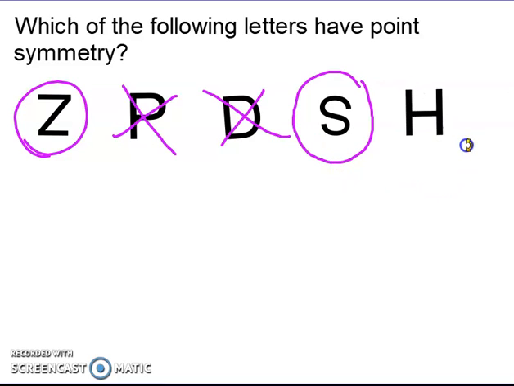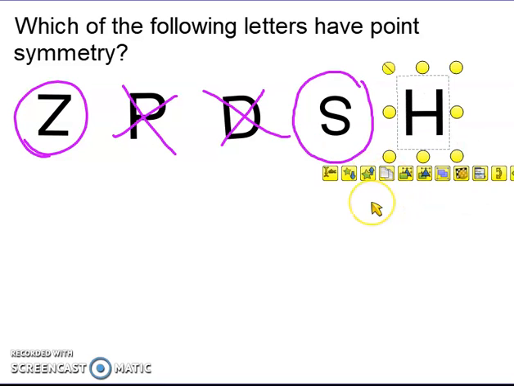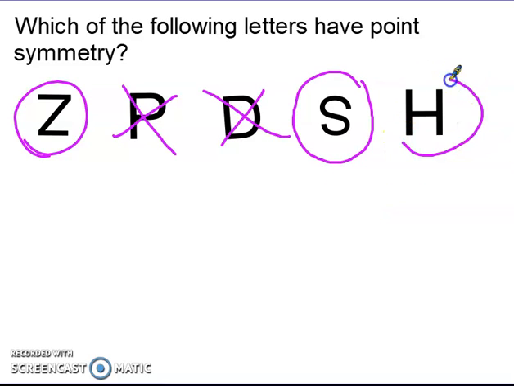And if you notice, that looks like an H. My bars are at the bottom, so the letter H does also have point symmetry. Please keep in mind, point symmetry can be any amount of degrees. These three letters specifically had 180 because we went around halfway. I'm not worried about the degree, but if you can find the same exact shape out when you turn it, it does have point symmetry.